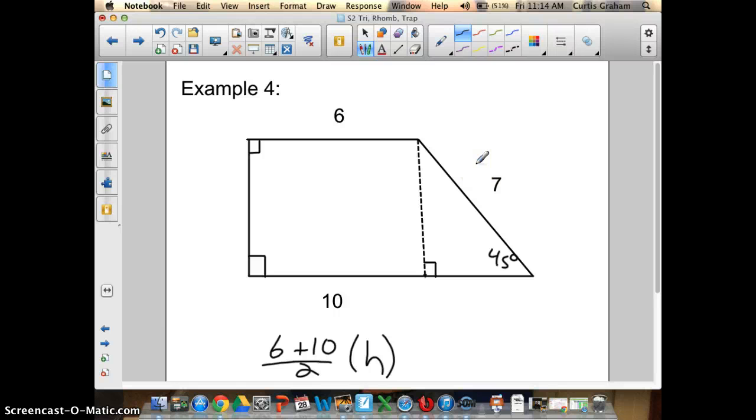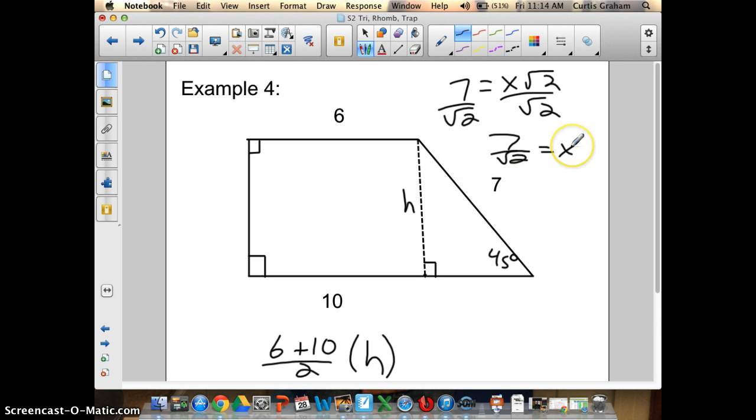So if I want to figure out what my height is, I'm going to set this up as 7 is equal to x root 2, because this is a 45, 45, 90 triangle. I'll divide both sides by root 2. 7 over root 2 is equal to x. Remember, we never leave anything like that, so I'll multiply top and bottom by root 2. 7 root 2 over 2 is my x, which is right here.